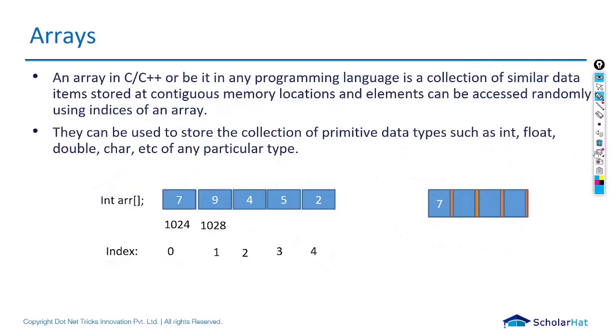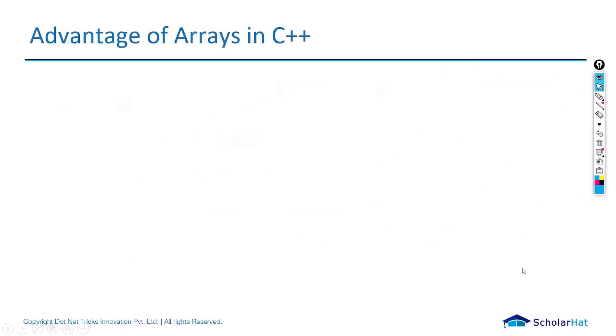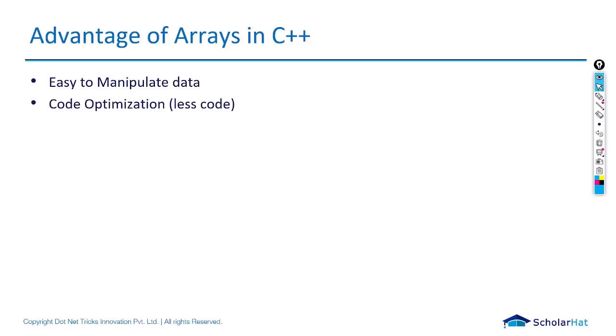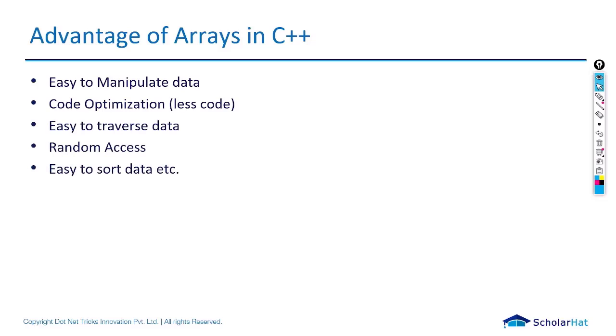Okay. Now we'll move to the next section of arrays. What are the advantages of an array? It is easy to manipulate data, code optimization, less code to write, easy to traverse the data, random access, and easy to sort data.